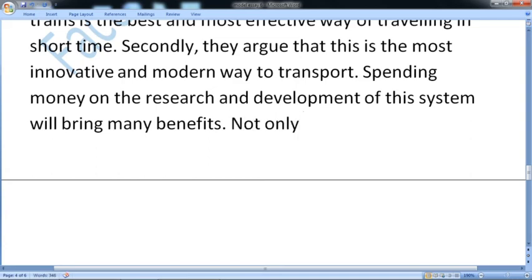Not only, I'm not going to make the same mistake again and again of inversion. You know what inversion is? Let me tell you.